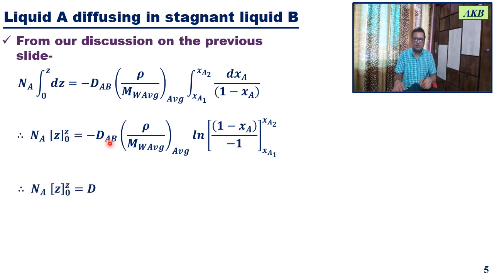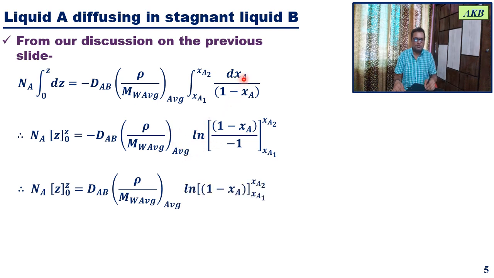That is equal to minus dAb rho upon MW average, the average value, and integration of dxa upon 1 minus xa is ln of 1 minus xa, and since you have a coefficient of minus 1 associated with xa, you have to divide by that coefficient. So integration of dxa upon 1 minus xa is ln of 1 minus xa divided by minus 1, and then of course there are the limits.